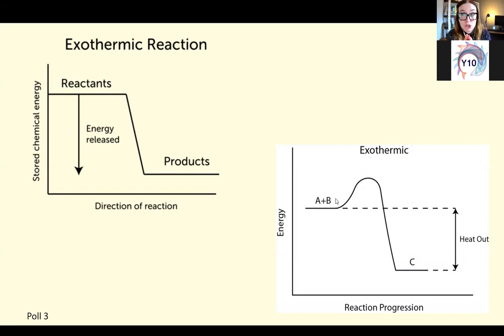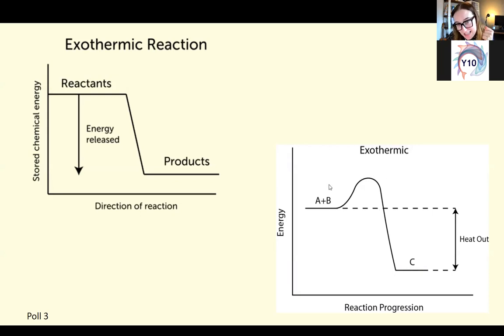Now, in a bit, I'm going to show you an exam question about these graphs because there's loads of questions about them and they're really easy. But you need to be able to label that. So the amount of activation energy is the distance from here to the top of the bump, if you like, okay?